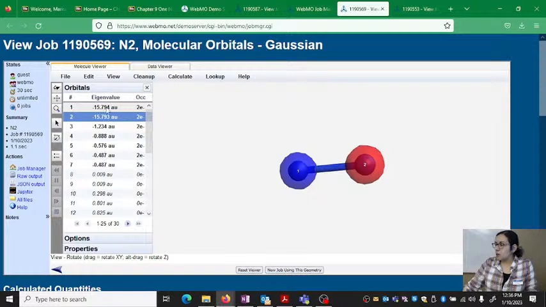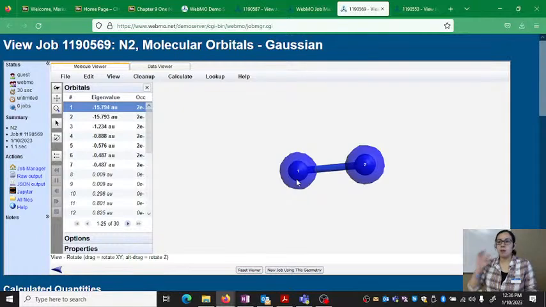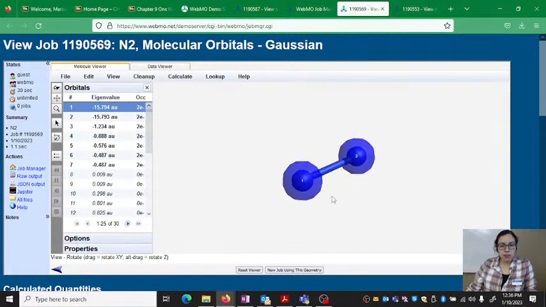You can tell they're core since they're really low in value. It's just spitting out its energy that it's calculating, and lower is more favorable. So it has these as -15.